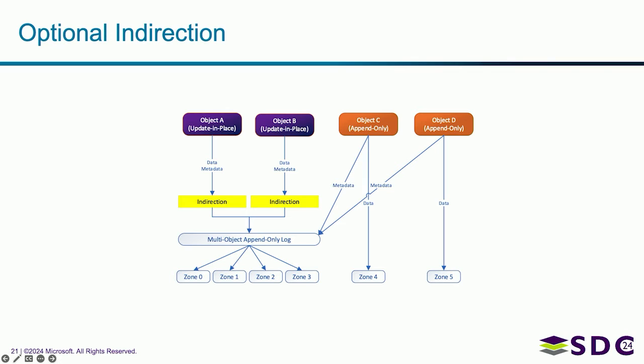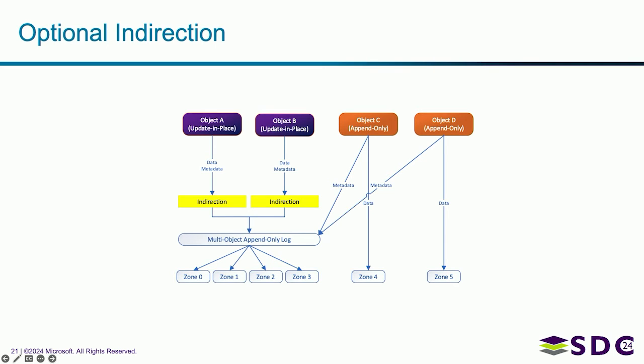At the bottom, we have our zones. And again, the zone could be a band on an SMR HDD. It can be a ZNS zone. We have this multi-object append-only log thing. It's not a log structured merge tree, but it's doing that basic logic where it's saying, I will always write to this media sequentially, but on top of that I can do indirection for you.